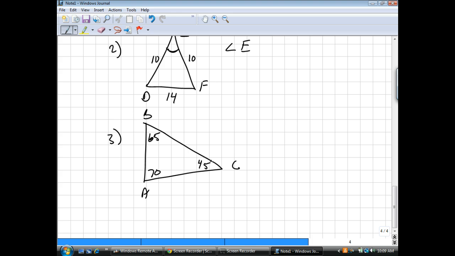Then which side would have to be the longest side? Well, BC would be the longest, and AB would have to be the shortest because it's opposite the smallest angle.